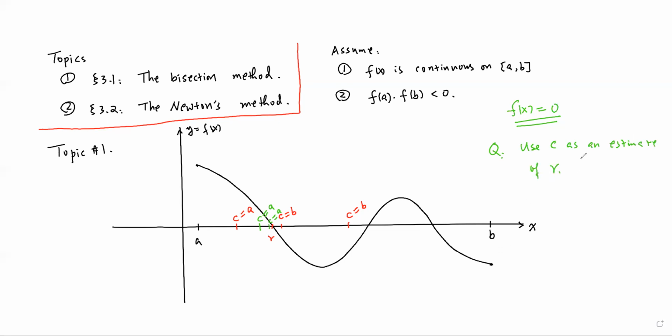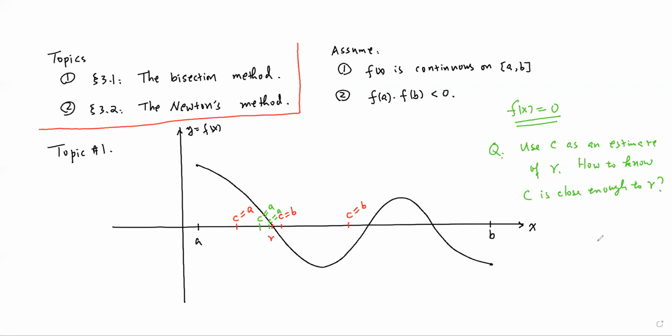Now the question is how to know C is close enough to r. How to know? If C is close enough to the root r, then we stop and consider C as the solution.